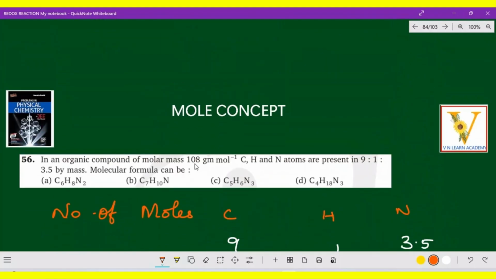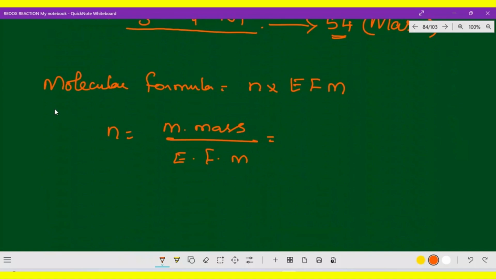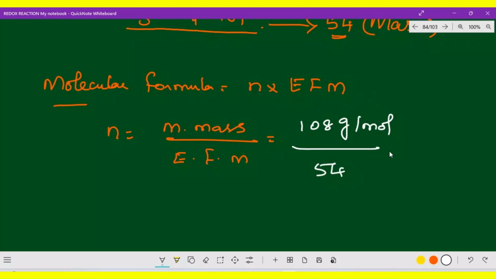So molecular mass we know very well, and we only have to identify the molecular formula. So 108 gram per mole, and here 54. There is no unit for empirical formula mass. Now you will get N equal to 2.